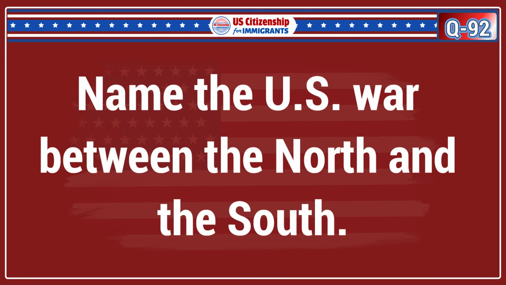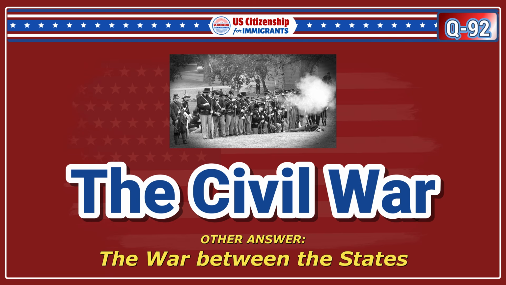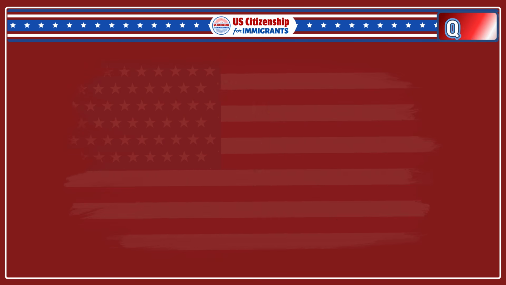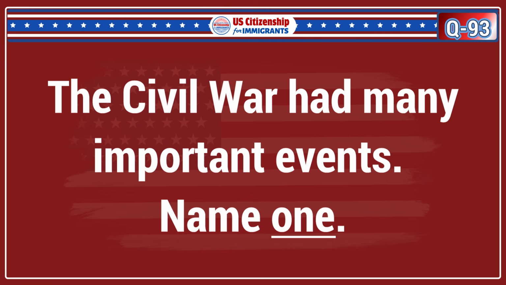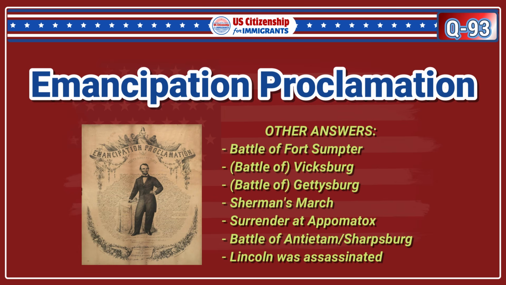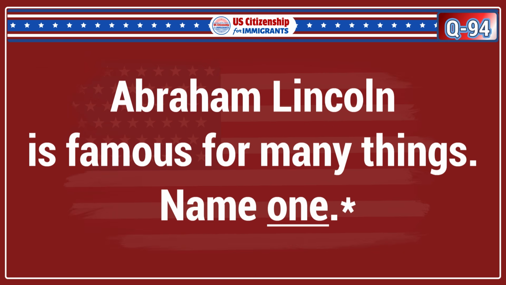92. Name the U.S. war between the North and the South. The Civil War. 93. The Civil War had many important events. Name one. Emancipation Proclamation. 94. Abraham Lincoln is famous for many things.